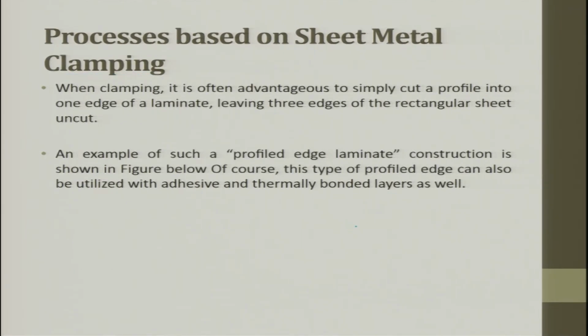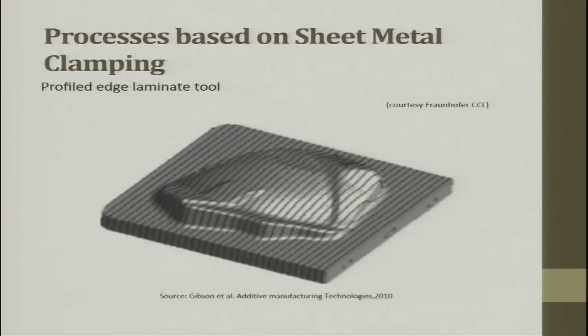When clamping, it is often advantageous to simply cut a profile into one edge of a laminate, leaving three edges of the rectangular sheet uncut. Okay. An example of such profiled edge laminate construction is shown in the next figure. So, this is what it is.